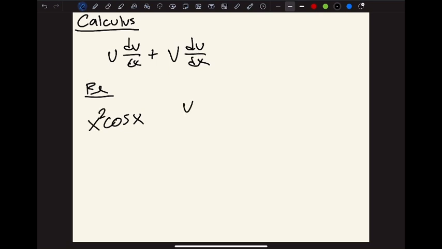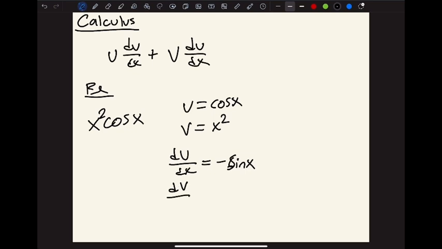We can set u as cosine x and then v as x squared. Then the derivative of u is going to be negative sine x, and then dv over dx is going to be 2x using the power rule for x squared.